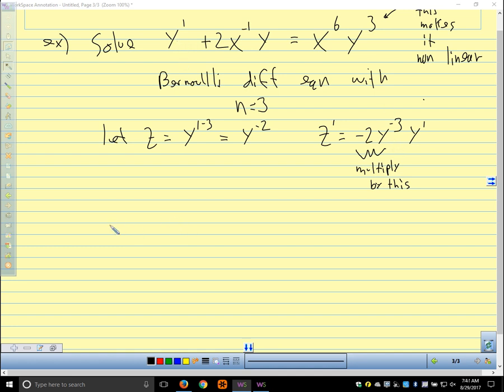So I get minus 2y to the minus 3 y prime, minus 4x to the minus 1 y to the minus 2. Well, there's my y to the minus 2, there's my z. And that equals, we get rid of this y to the 3rd, minus 2x to the 6th.